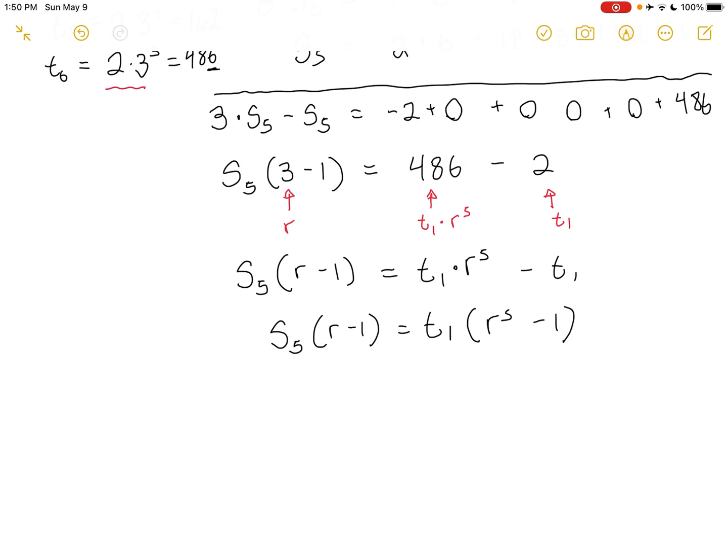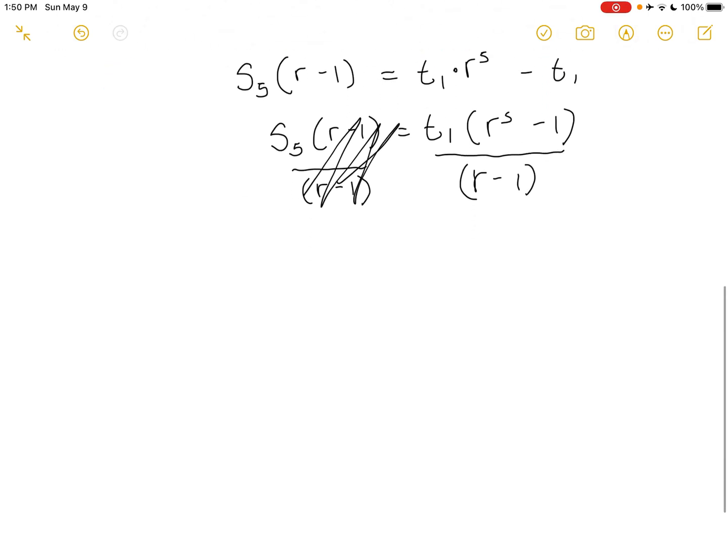And then I am going to divide everything by r minus 1 because I want to solve for the sum, right? That's what I'm after. And what I end up with is that S5 equals T1 times r to the 5 minus 1 over r minus 1. Now notice the 5 and the 5 match.